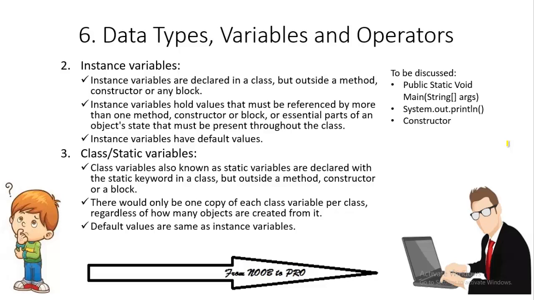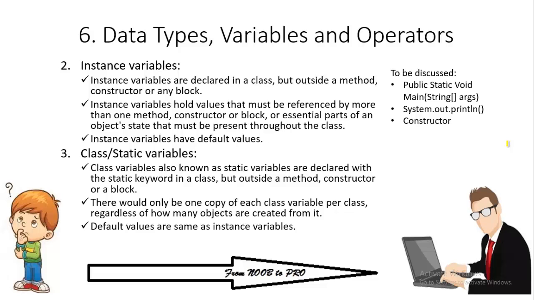So the third type of variables is static variables. These are the class level variables. Imagine in a class student, we need some feature that must be same for all students. Like a name is different for different students. So each object of the student will have a separate value for the name variable, right?